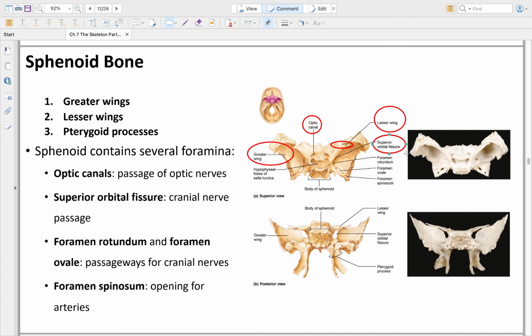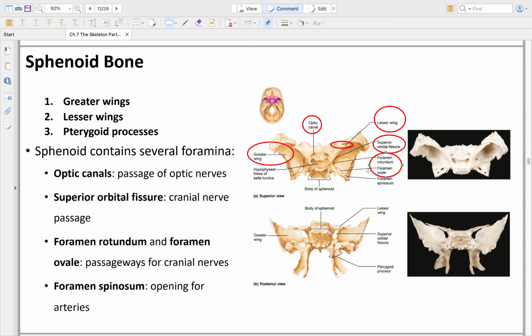Okay. Right underneath that, see these little holes right there? Both of these, I'm going to put them into one category. Foramen rotundum and the foramen ovale are pathways for cranial nerves.